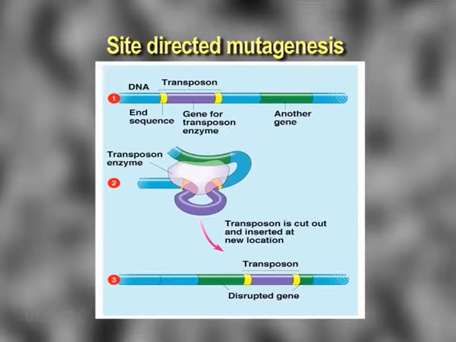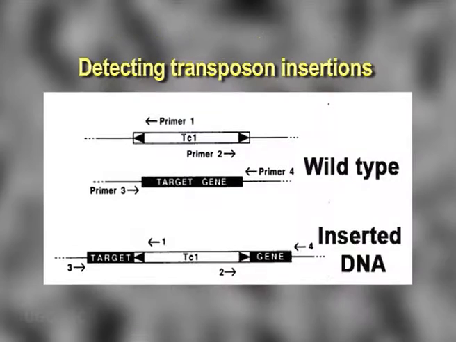The next important application of these transposable elements in C. elegans was to do site-directed mutagenesis. In 1992, Plasterk and his colleagues found that the Tc1 elements can go and sit in the unc-22 gene, which is a gene present in C. elegans, and its movement caused a double-stranded break, and thus caused mutation of the unc-22 gene.